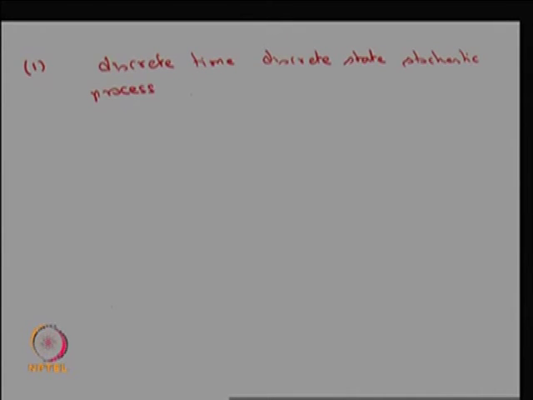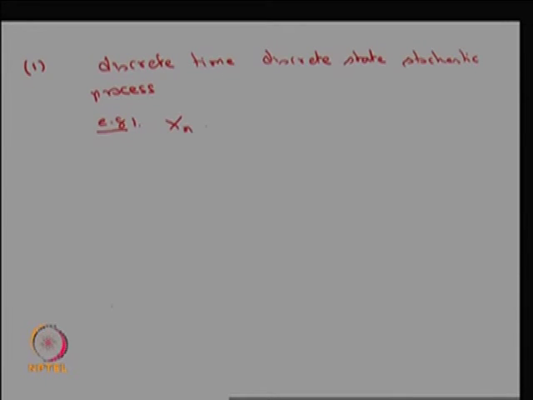That means the possible values of capital S as well as the possible values of capital T have to be either countably finite or countably infinite. Let us see one simple example.